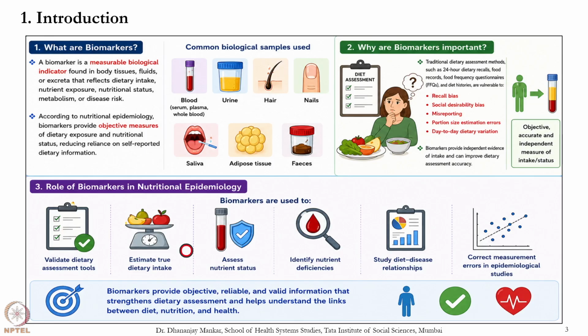So you can understand the whole set of advantages that biomarkers offer in nutritional epidemiology. Biomarkers provide objective, reliable and valid information. They strengthen the dietary assessment and help understand the links between diet, nutrition and health. So a correlation is made stronger with the help of biomarkers.